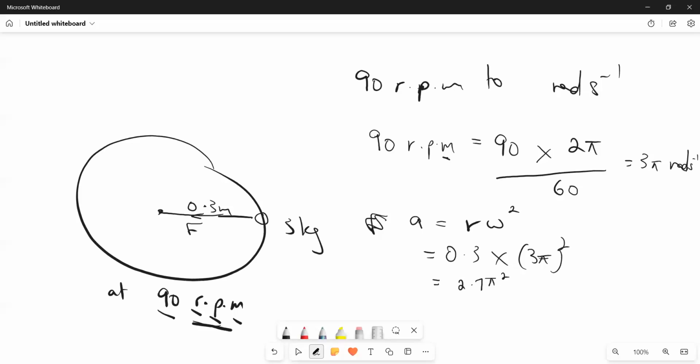Let's leave it like that. And then your force F would be equal to the mass, which is 3 kilograms, times 2.7 pi squared, where you use pi as 3.14. When you multiply that, you should have around 18 newtons.